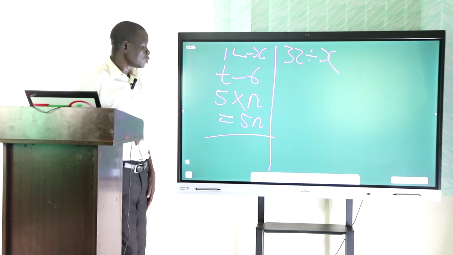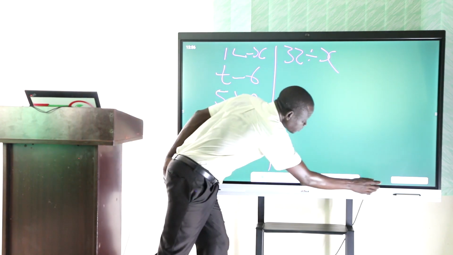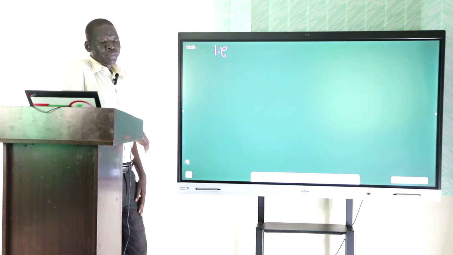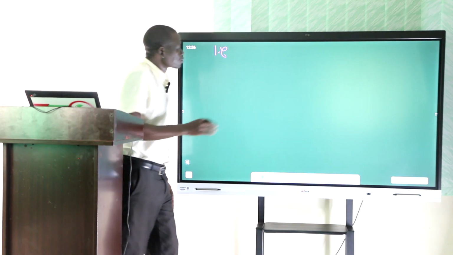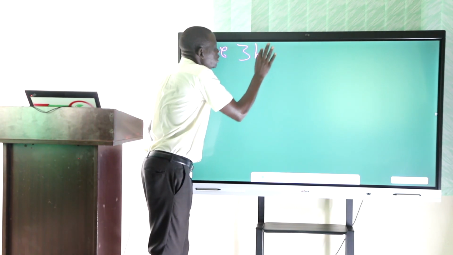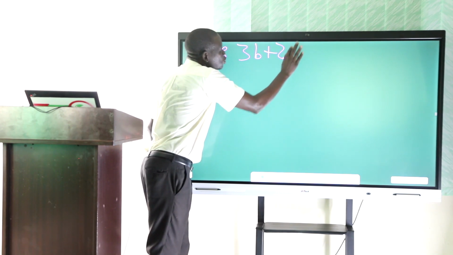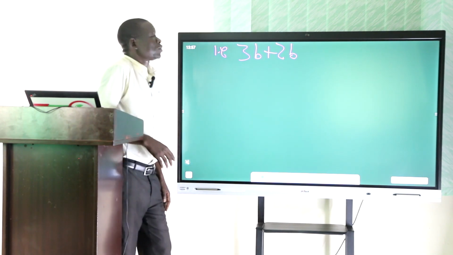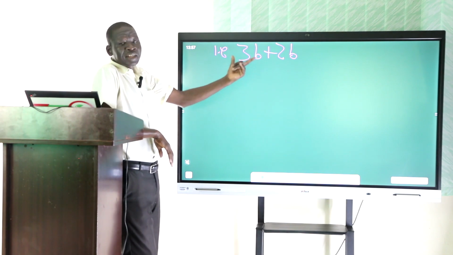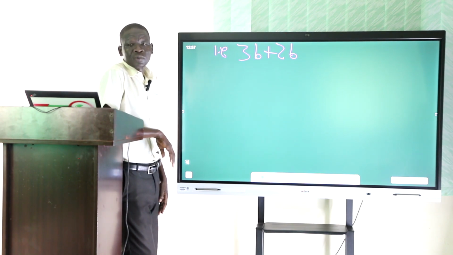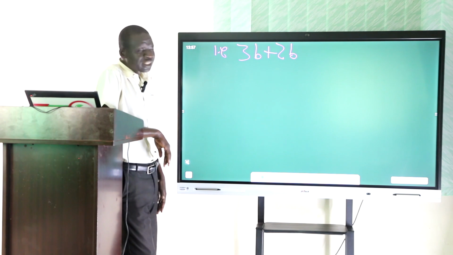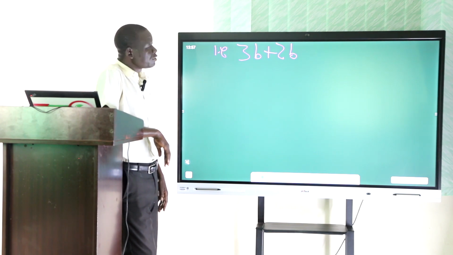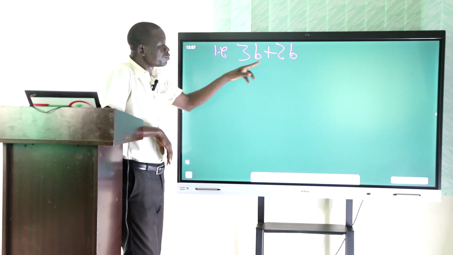For example, we can have 3b plus 2b. So you can see that this is an algebraic expression which consists of the same variables. The variables there are b.